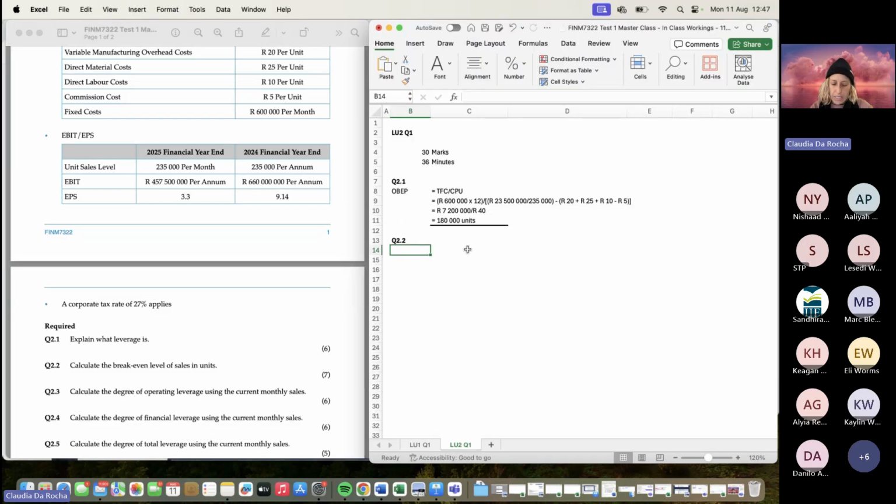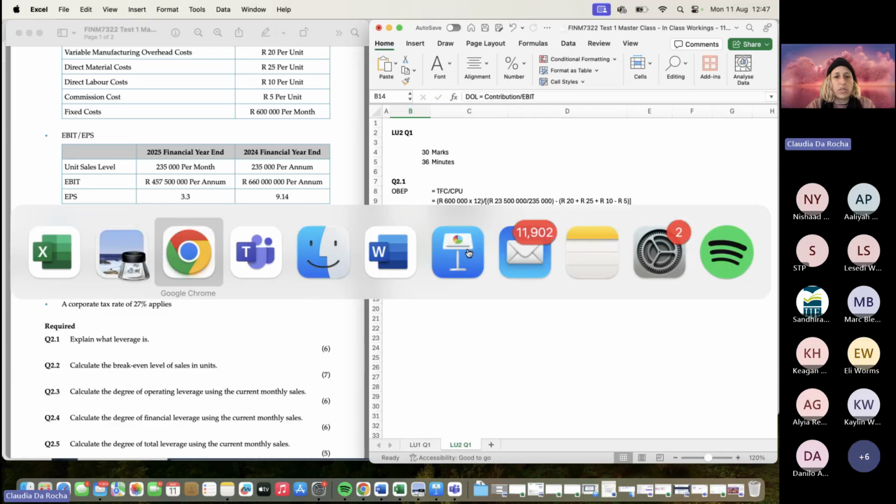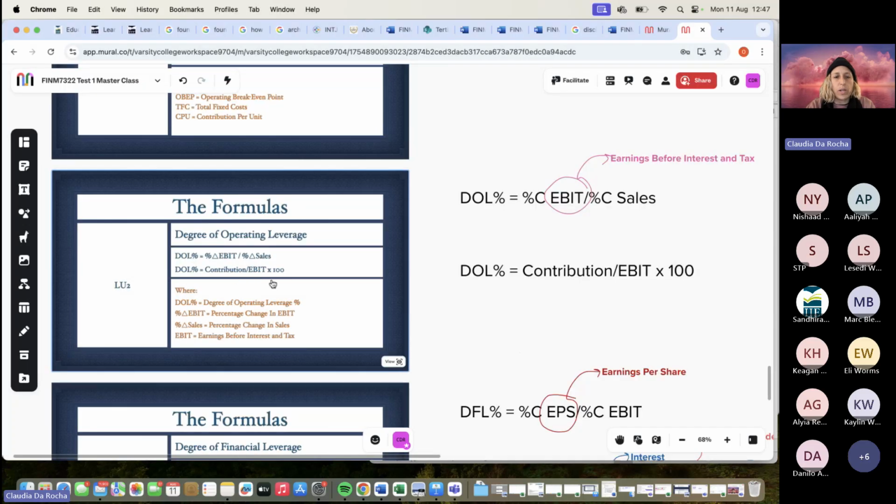But in this case, we are going to use what they call the baseline formula. So our baseline formula is DOL is equal to your contribution divided by your EBIT. To remind you, this is the formula that we're doing.